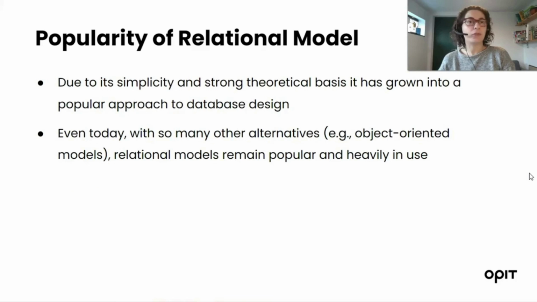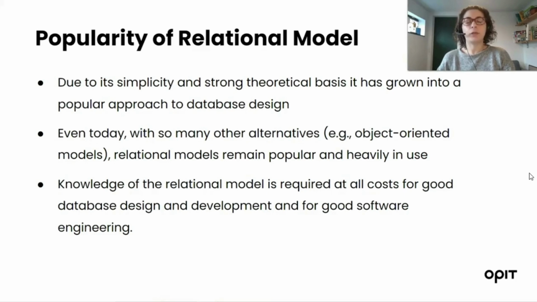Even nowadays, with so many other alternatives available, the relational model remains very popular and used extensively in commercial DBMSs. No matter which model is used in the DBMS you will be working on in the future, if that is what you end up doing, knowledge of the relational model is required at all costs, because that guarantees good database design and development, but also good software engineering.